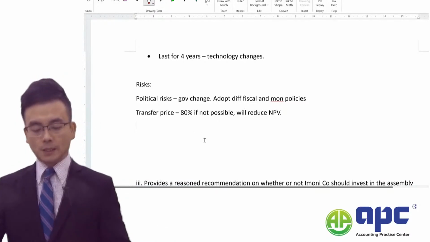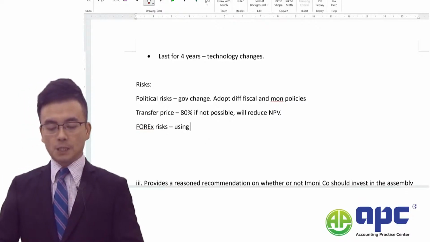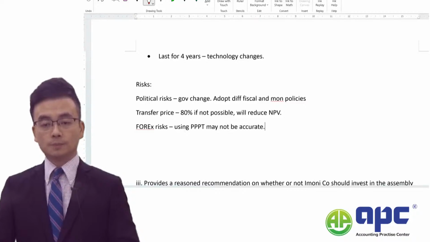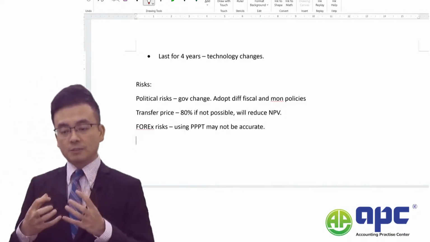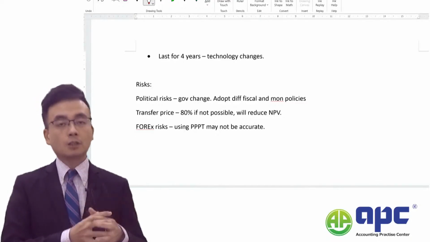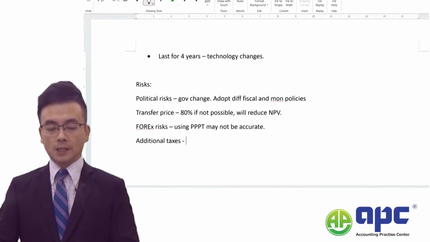We can also talk about the forex risks, that using PPPT, purchasing power parity theory, may not be accurate at all. So when you receive the money back, transferring profit from your country back to our country will incur additional taxes. For example, the withholding tax.